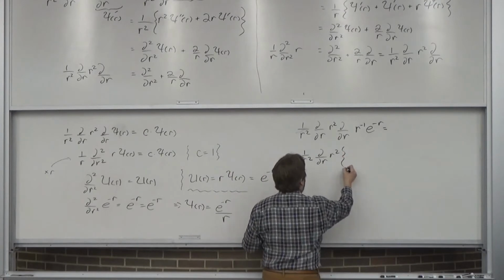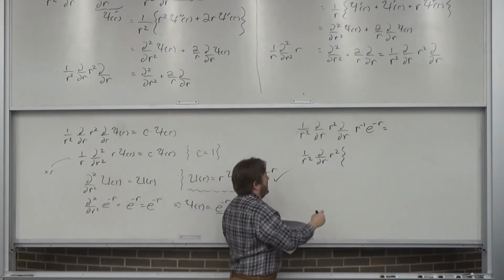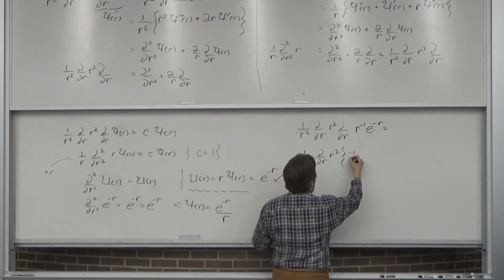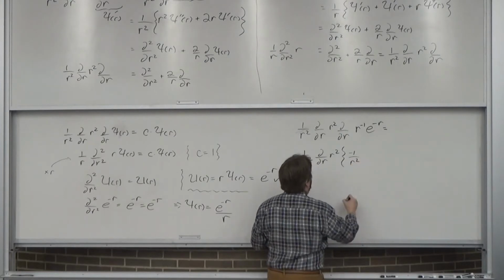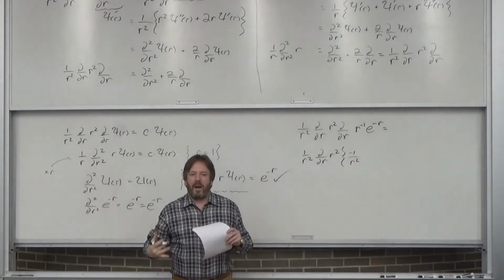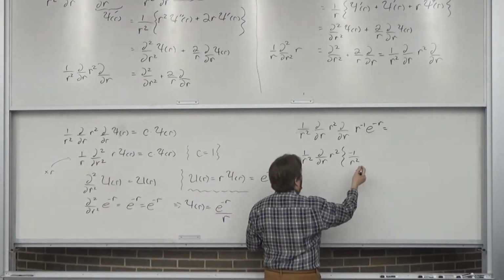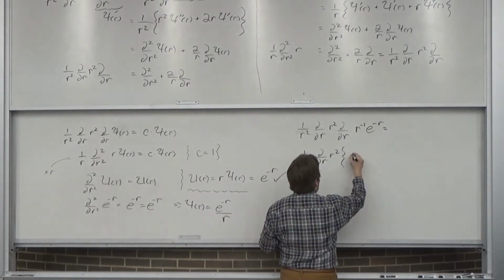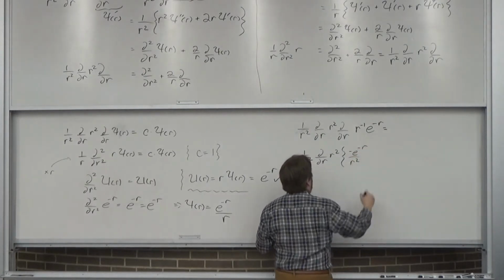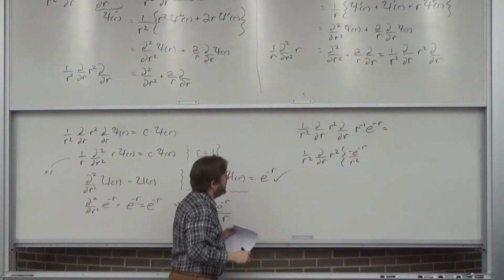Okay, product rule. I'll do r first: minus 1 over r squared, so bring down the minus 1, minus 1 is r to the minus 2, times e to the minus r. Then I leave this thing alone. Okay, term number 1 done.